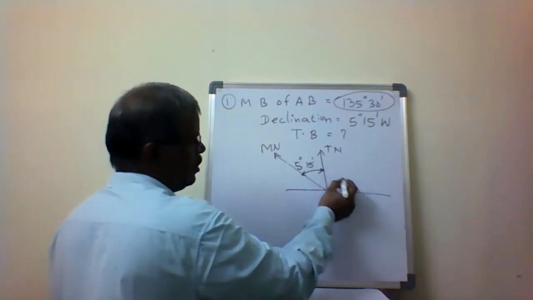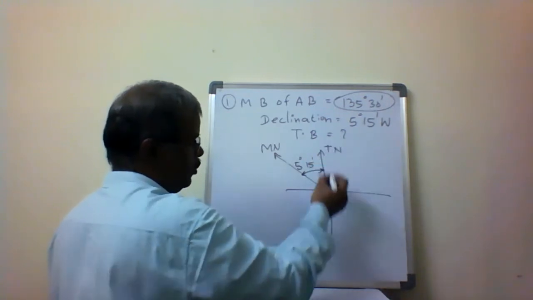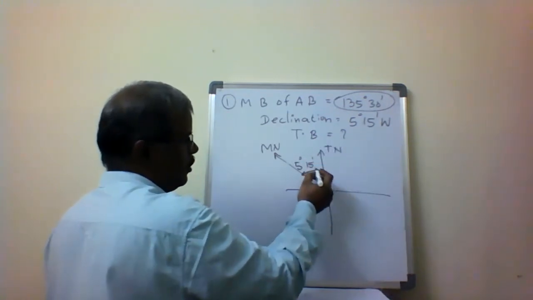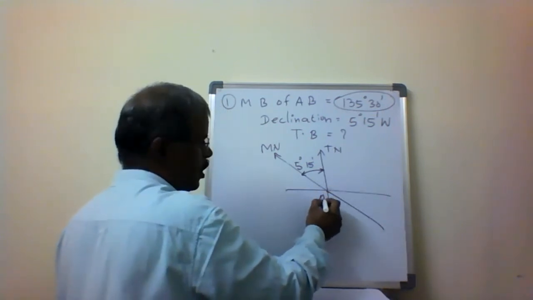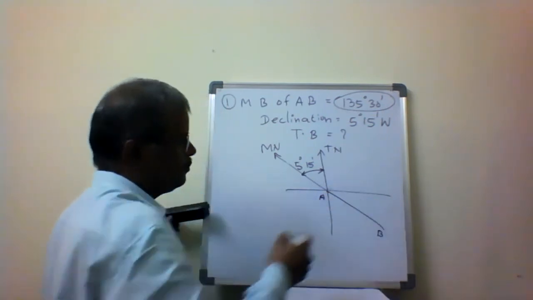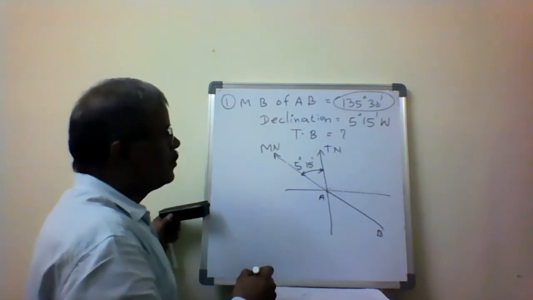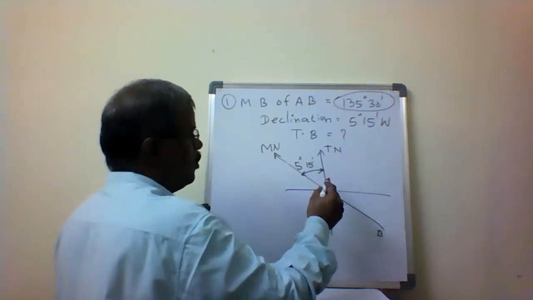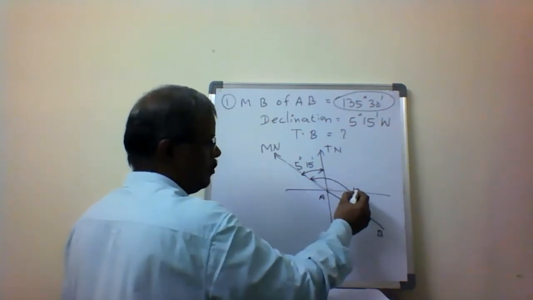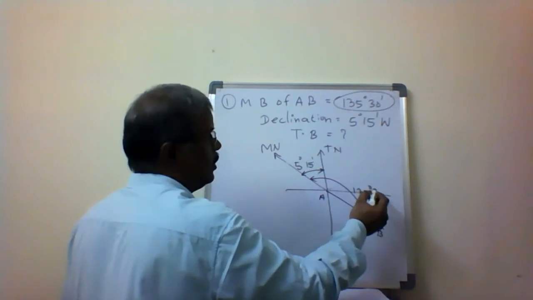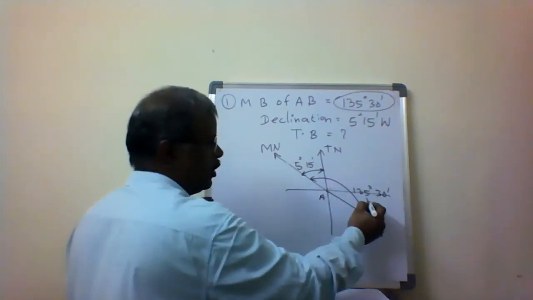This is 90, then 95, so 135 degrees is 90 plus 45. So this is the magnetic bearing.